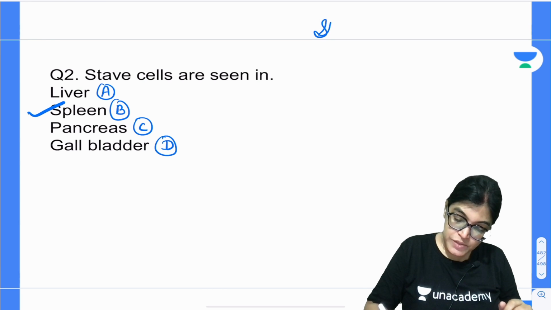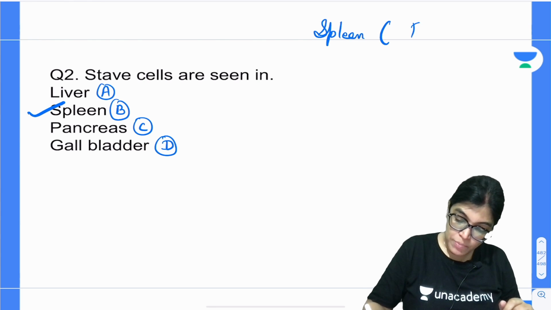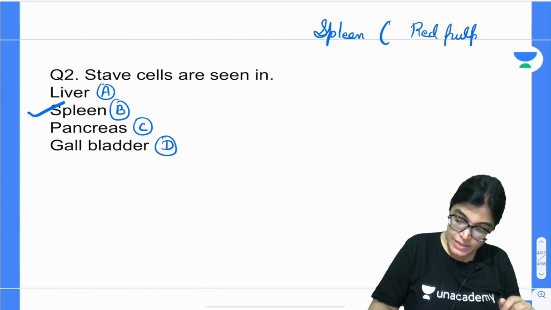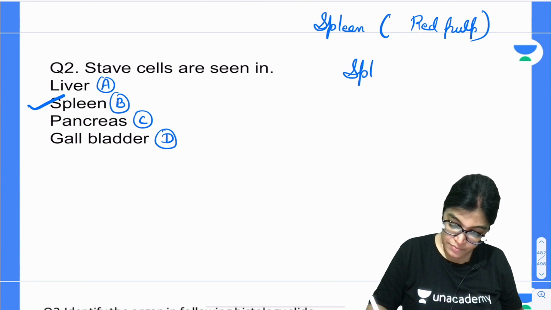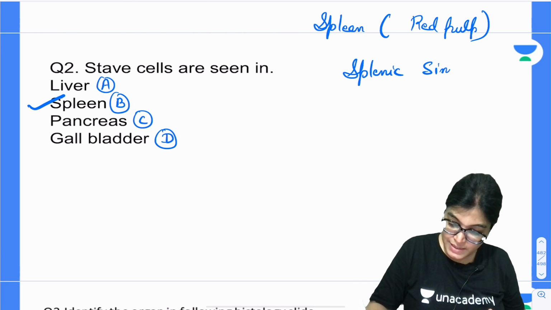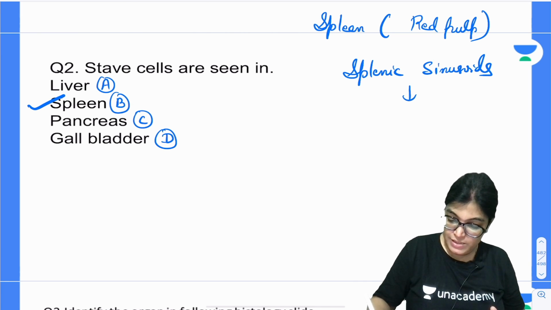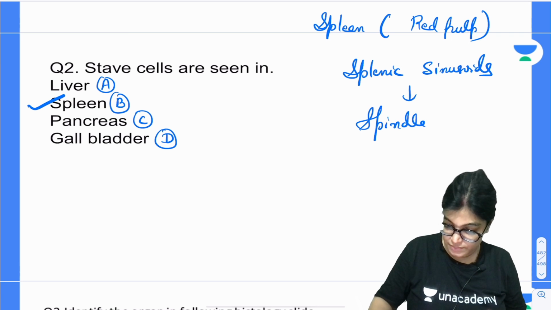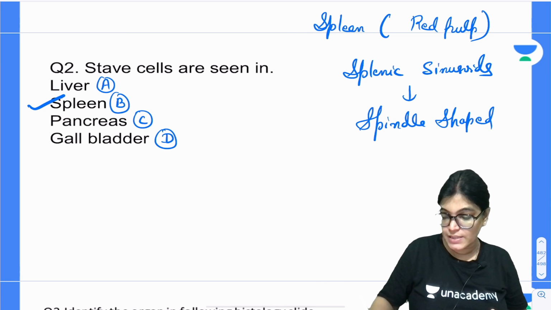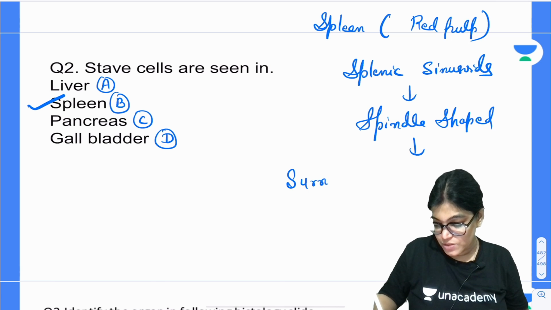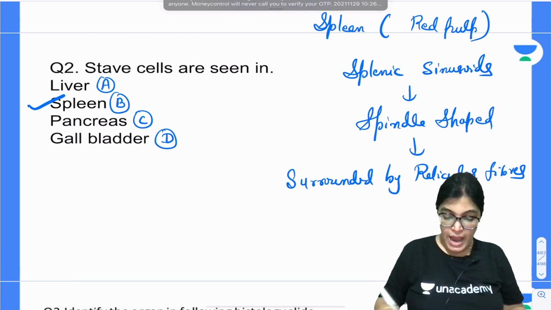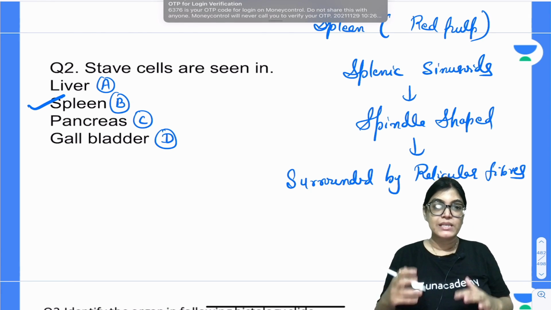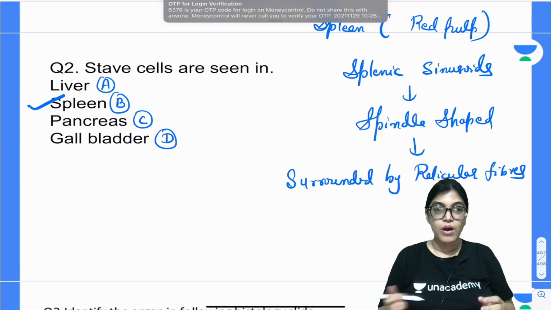In the case of the spleen, when we talk about the red pulp, there are splenic venous sinusoids, and these splenic sinusoids are spindle shaped. This spindle shaped structure is surrounded by reticular fibers, my dear aspirants, and this gives you the appearance of stave cells.